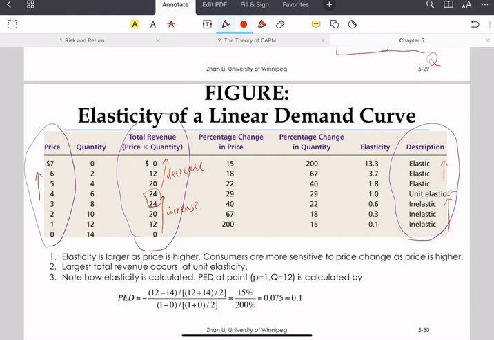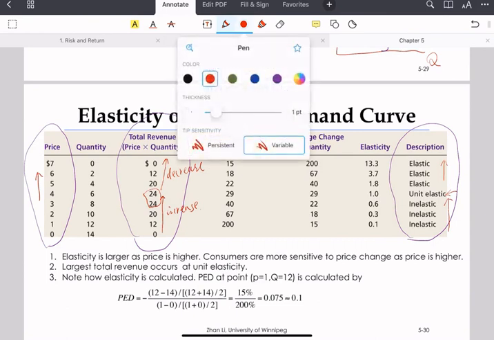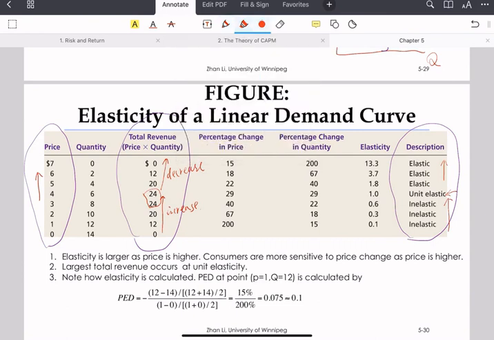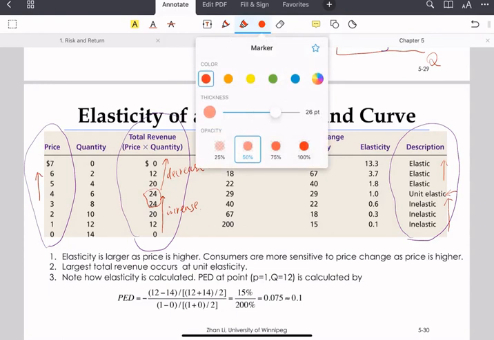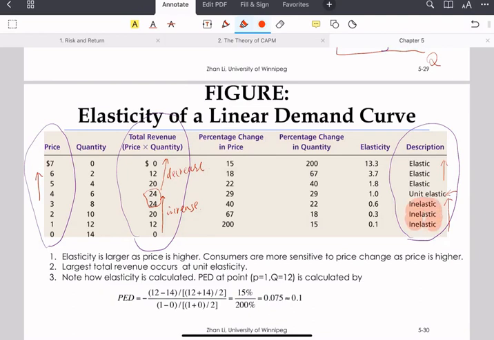What you can see here is actually quite interesting, right? If you look at this part, they're inelastic, and these numbers are increasing as you increase price. This is exactly what we have learned: if the demand is inelastic, increasing price will increase your total revenue.